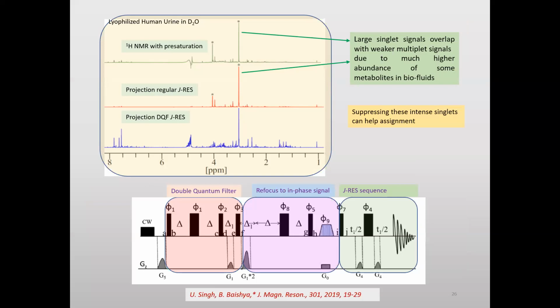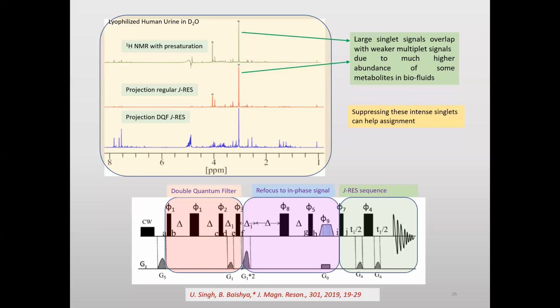Now, if we take the projections of a regular Z result spectrum, it is still dominated by these creatinine singlet signals. If you look at both sides, the multiplets with weak intensity are not properly visible because the receiver gets saturated with the signals of these singlets. Now, the third one is the projection of the double quantum filter Z result spectrum.